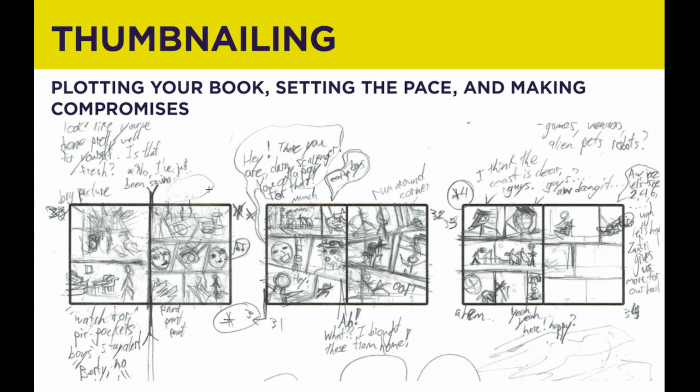And I might just start with that list of scenes, just with blank thumbnails, start putting down, okay, these first 3 pages is where this scene happens, and then the next 5 pages, this is where this happens. That will almost definitely change once you start drawing things in, but it's a good way to just start blocking things out in a general sense of, this is roughly how long I imagine this scene taking up.